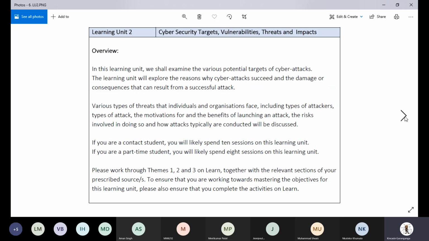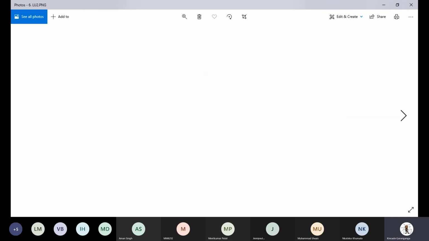And then with learning unit number 2, just understanding what the threats are, what the actual impacts are associated with some of these security breaches that can exist, what the actual reasons are for certain cyber attacks in certain instances. Also understanding concepts associated with the terms of hacking, what is ethical, what is unethical, and in which environments these particular configurations are used as far as your setup goes.